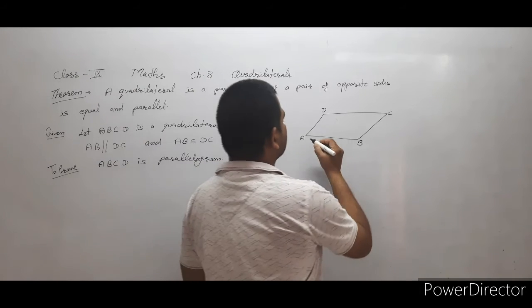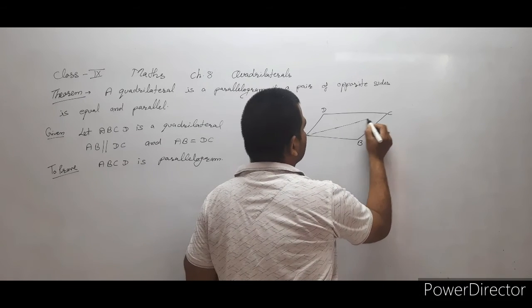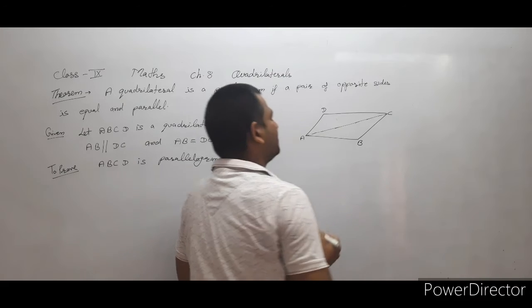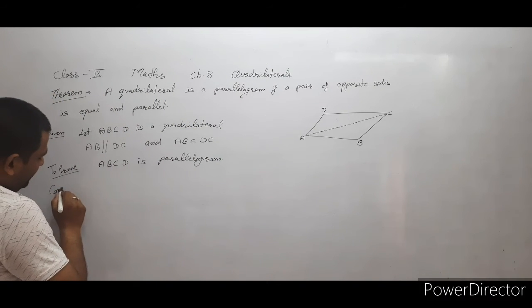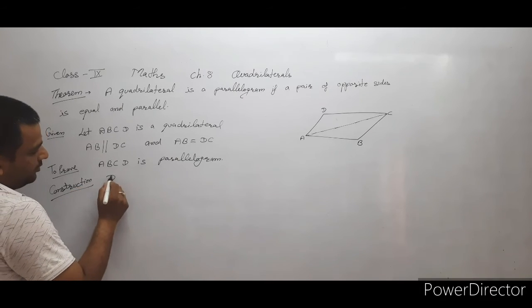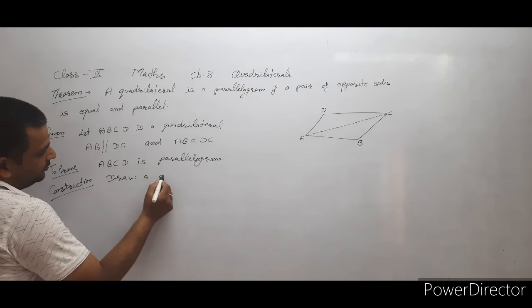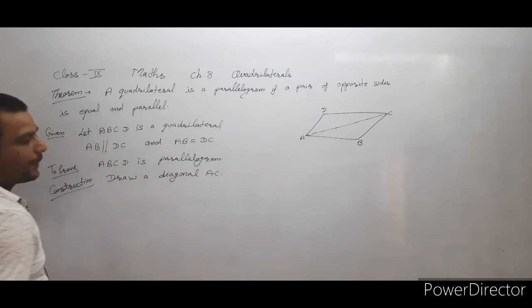To prove that, construction: draw a diagonal AC. Now, it converts into triangles.